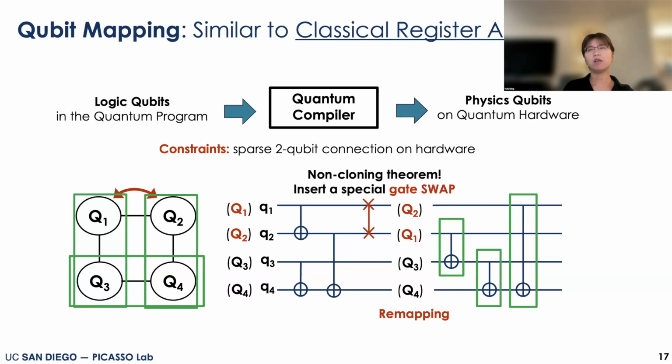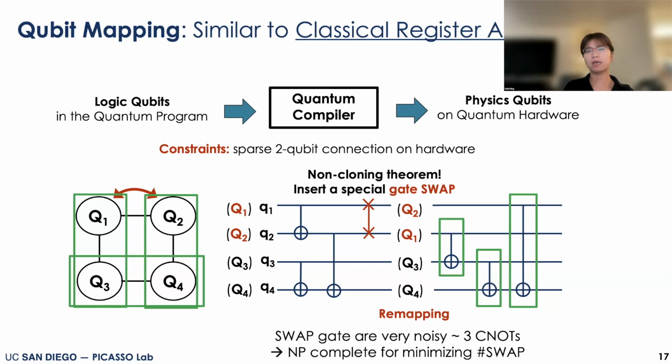And because of a lot of quantum constraints, doing this kind of remapping actually requires inserting a special swap gate. While the swap gate tends to be very noisy, if you want to run your original program, you have to insert a lot of extra instructions just to make it compatible with the hardware. And it turns out to be an NP-complete problem to minimize the swap gates.